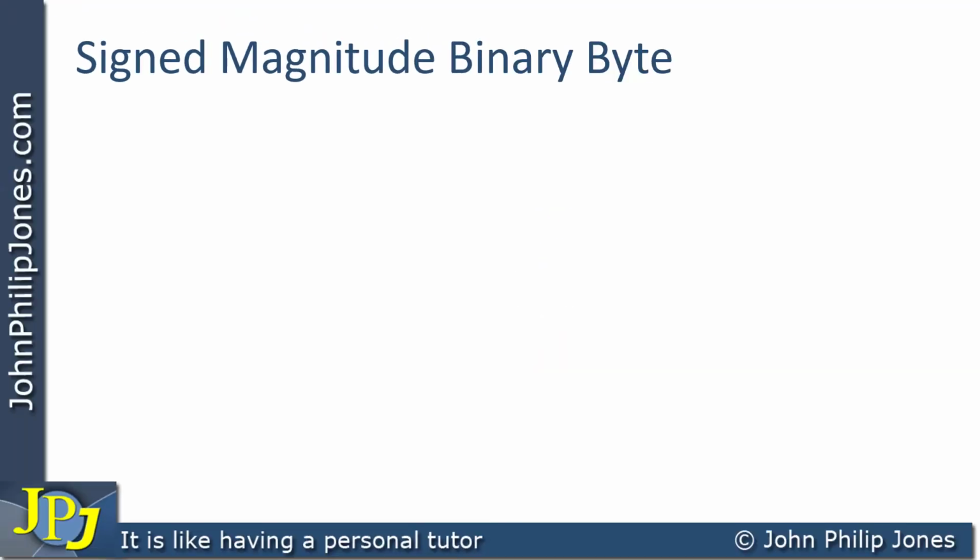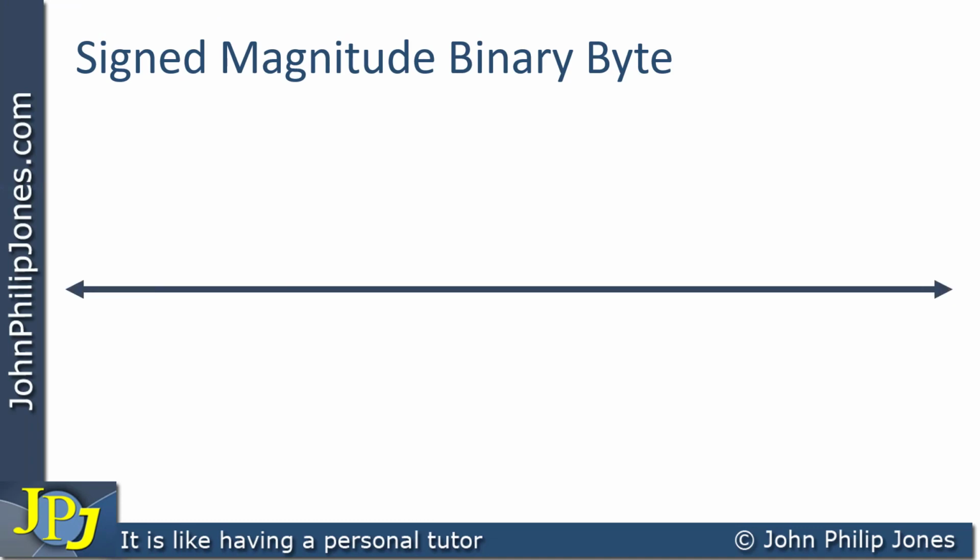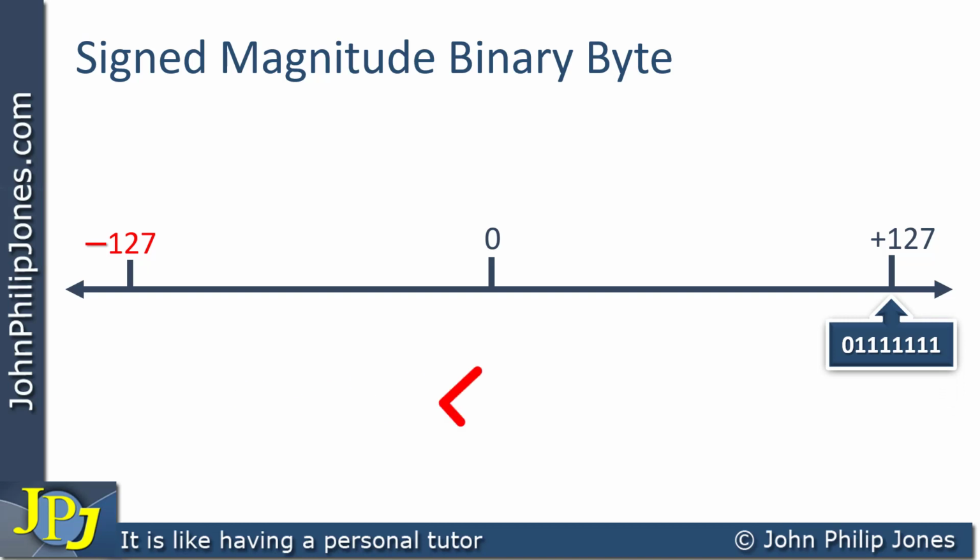Let's consider the number line for signed magnitude binary bytes, and we know we can mark this off as a 0. Now the maximum positive value we can have is plus 127, and the most negative value we can have is minus 127. If we look at the binary pattern that represents plus 127, we can see it is here, and there's the sign bit, and here you can see we have the magnitude, which is 127.